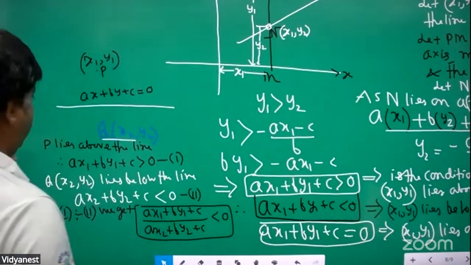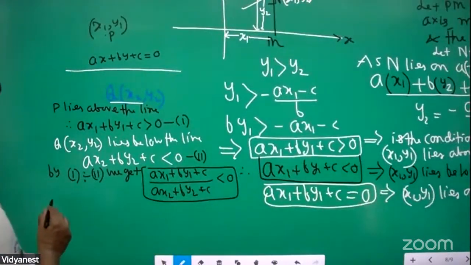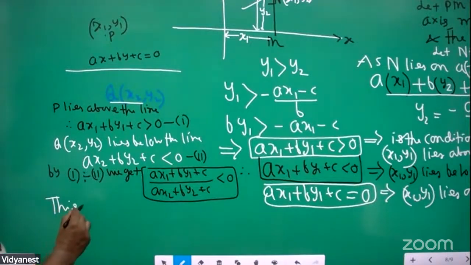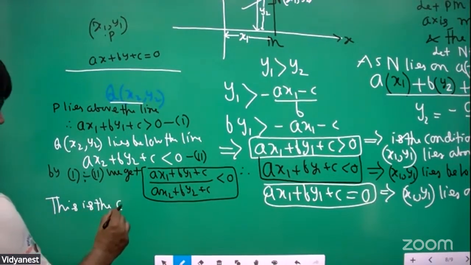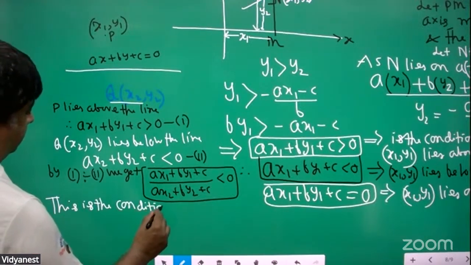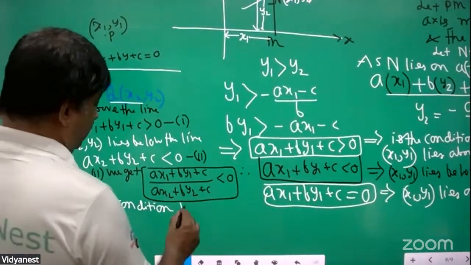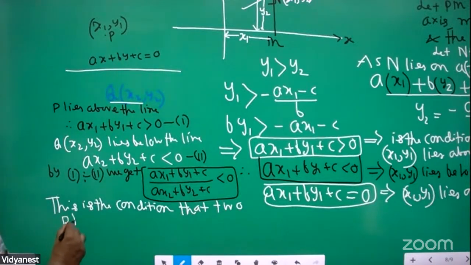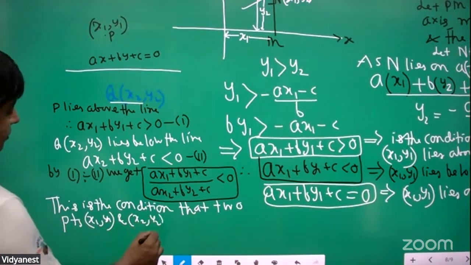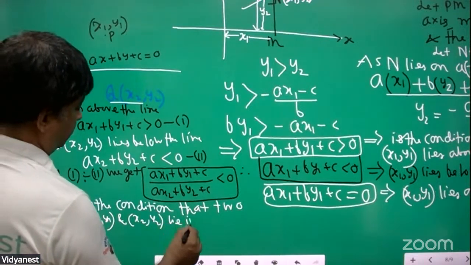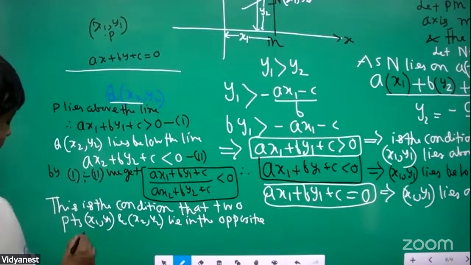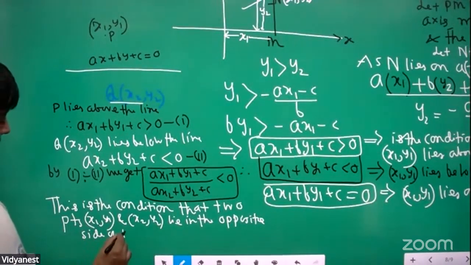So this is the condition that 2 points (x1, y1) and (x2, y2) lie in the opposite side of the line.